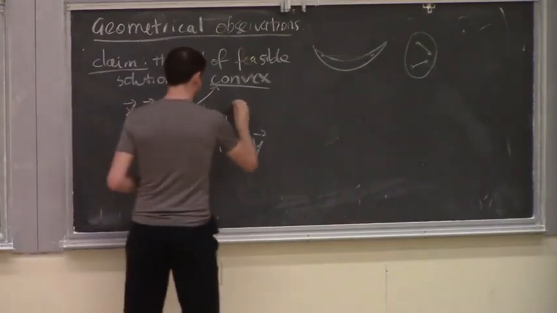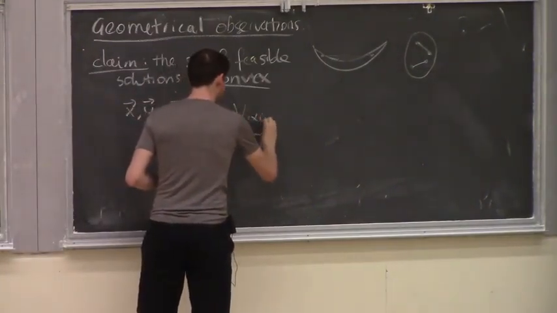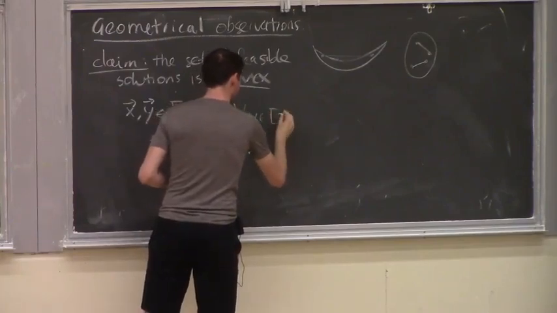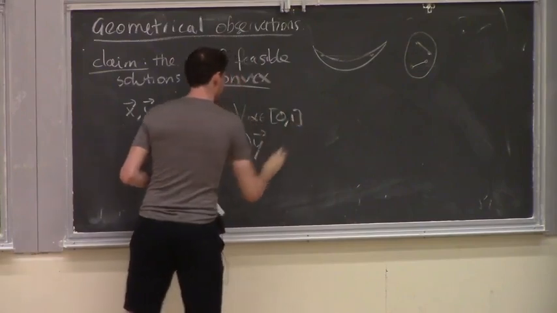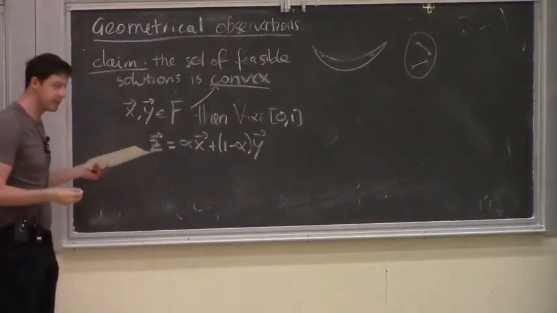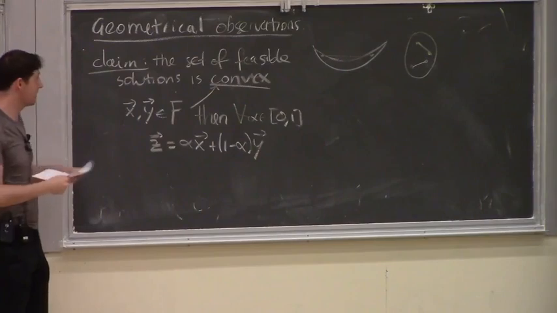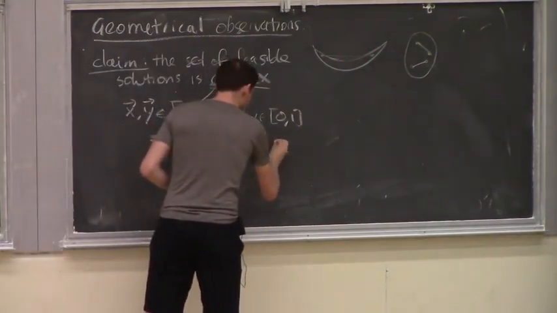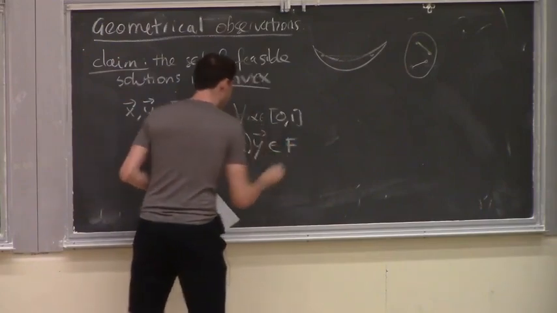Then for every alpha between 0 and 1, the point z, which is somewhere between x and y on a line, is also in F. So this is the formal definition of what convex means.